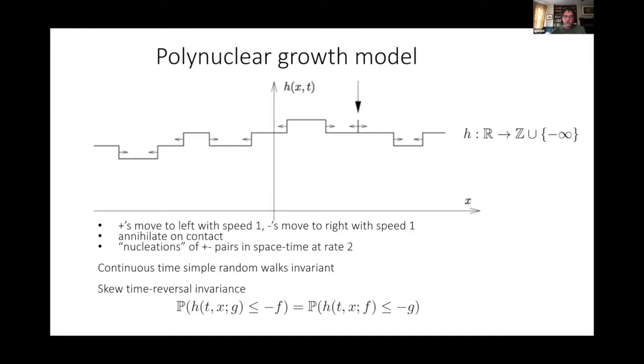You can think of this as saying that the process running backwards in time is the same thing as the process just flipped on its head, upside down. Okay, so that's the skew time reversal invariance, which seems to be connected to solvability in some sense. Okay, so now let's look at some special cases.